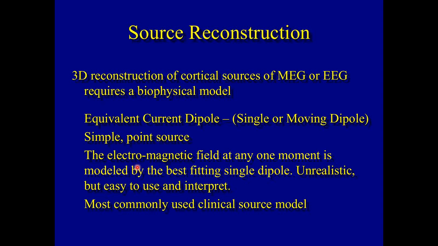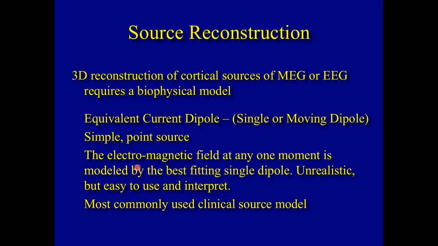Now, it's a very simple model because it's a point source. And I've already told you that sources of spikes and seizures are not points, but they're quite extended. So to that extent, it's not an ideal model. However, it's one that's commonly used. It's very simple to use, and if you know how to interpret it, it's easy to use.